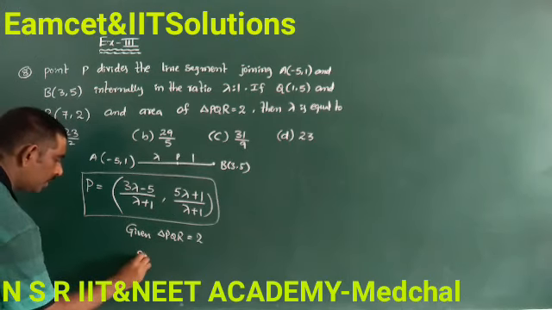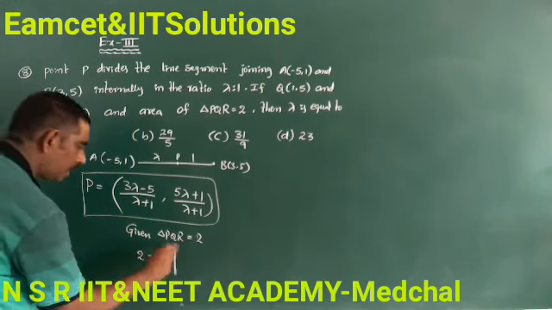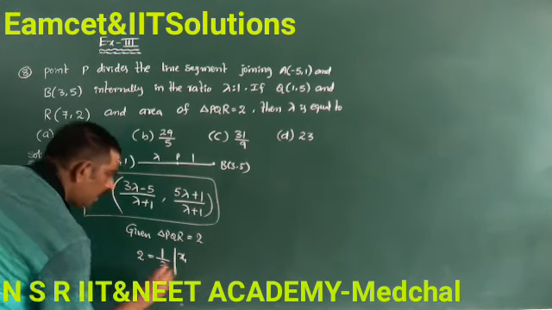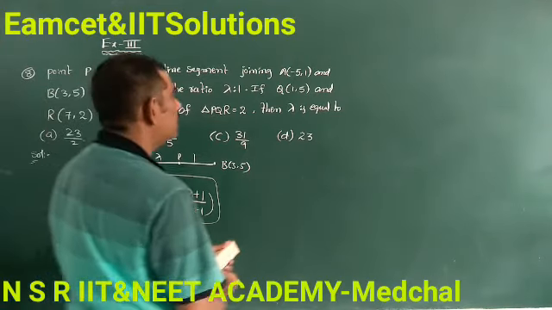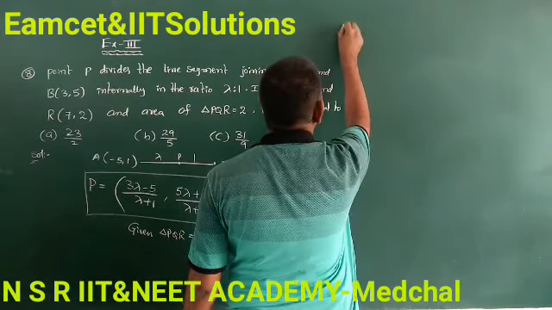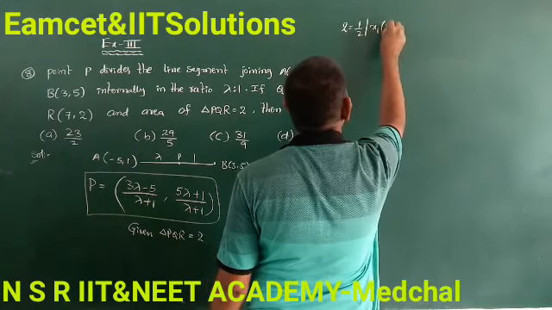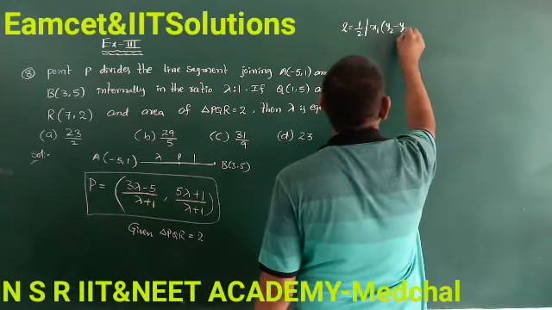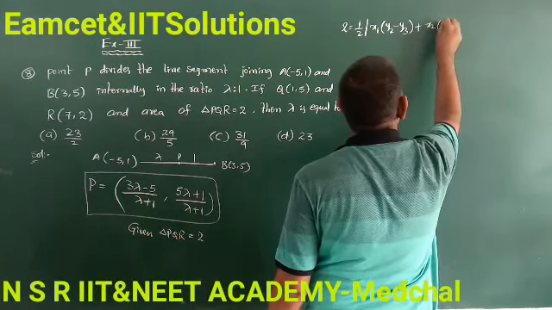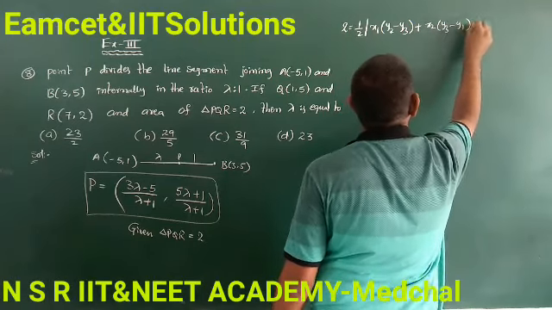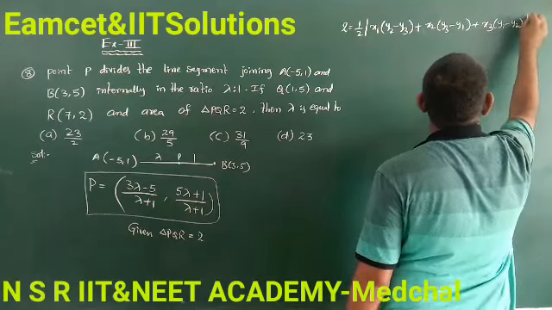So 2 equal to the area of triangle PQR. So what formula? So 2 equals 1 by 2 into x1 into (y2 minus y3) plus x2 into (y3 minus y1) plus x3 into (y1 minus y2).